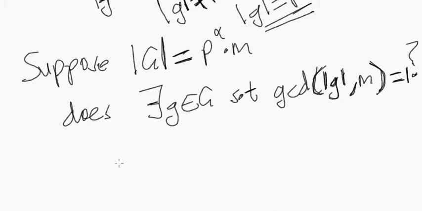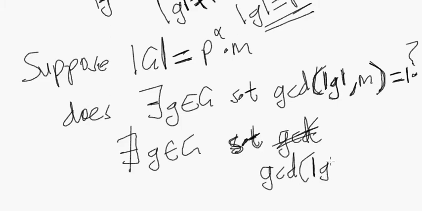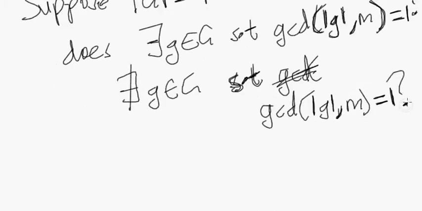Maybe we can work by contradiction. Suppose there does not exist little g in G such that the GCD of the order of g with M equals 1. What does that mean?